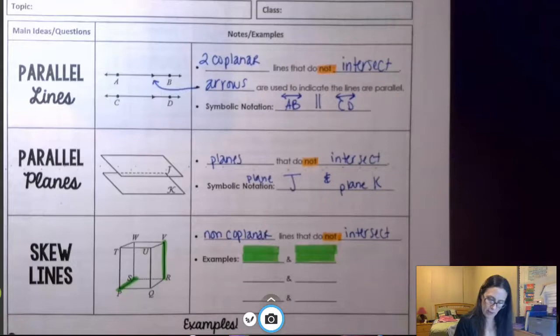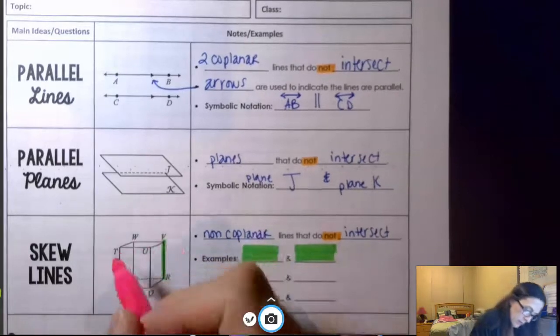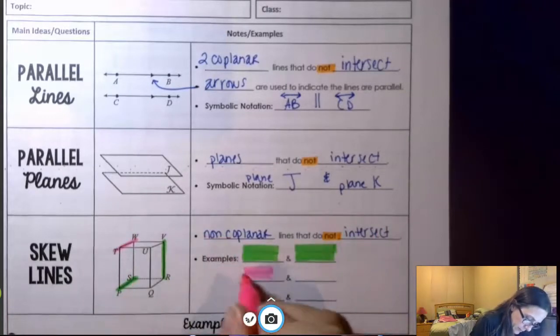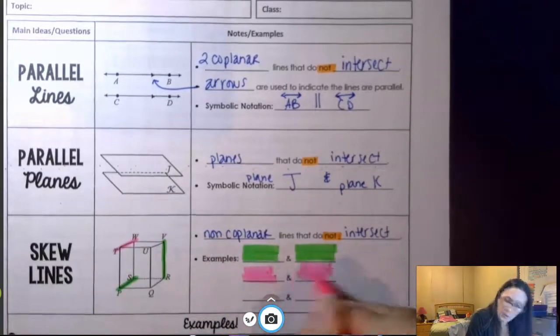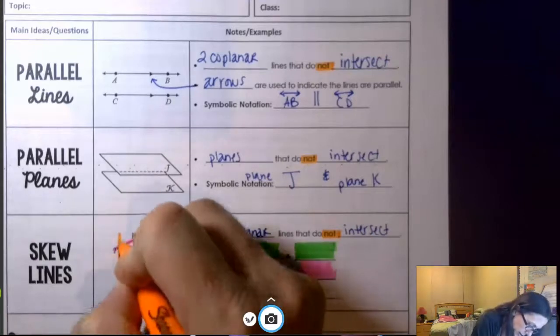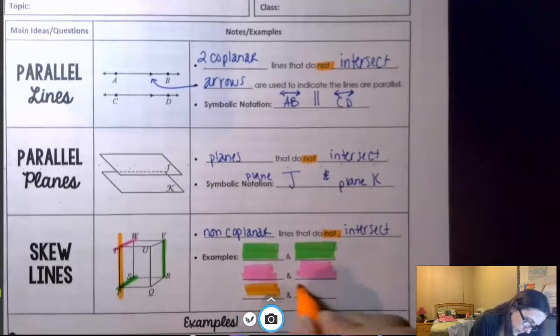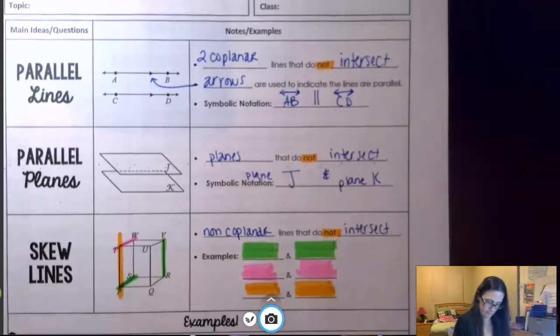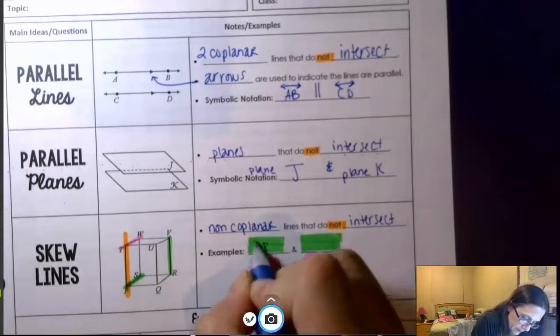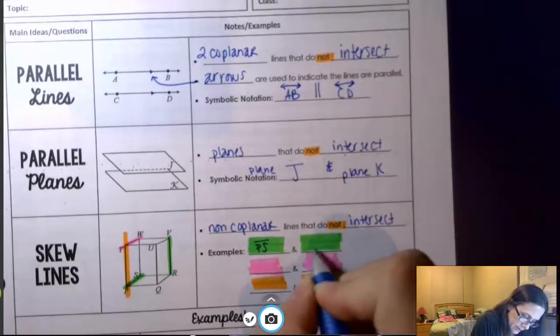I'm going to do the pink lines also. So here I'm going to do in pink, TW right here. You should write down what you think it might be skew to. And then I'm also going to use TP right here. Okay, so I already said line segment PS was skew to line segment RB.